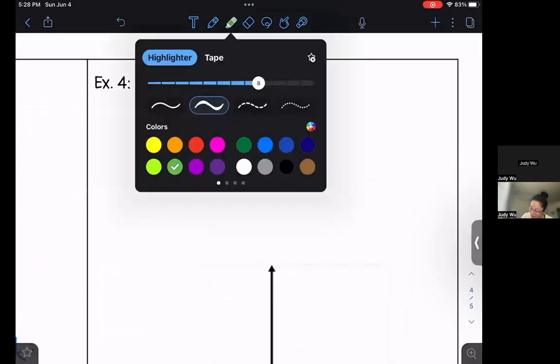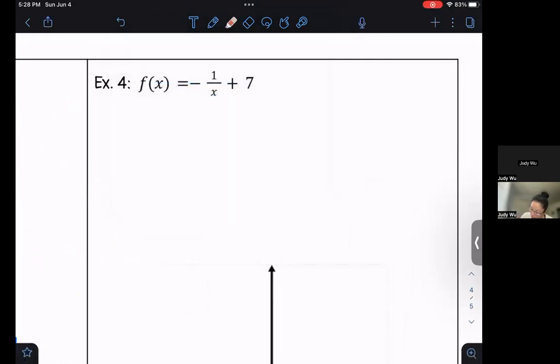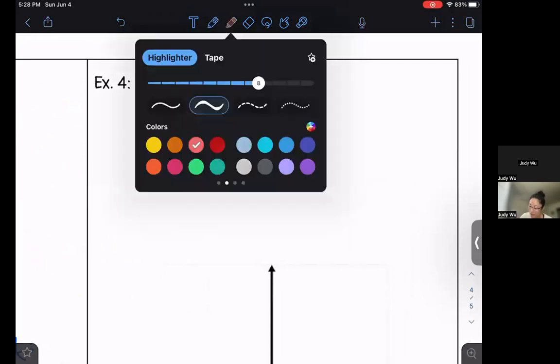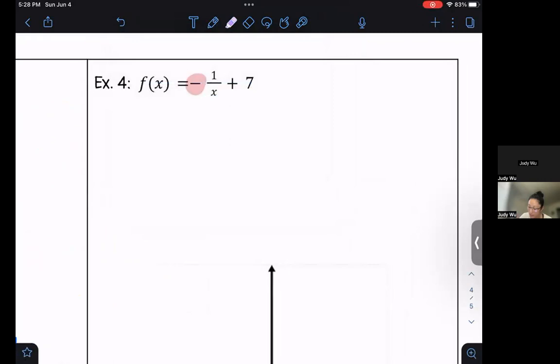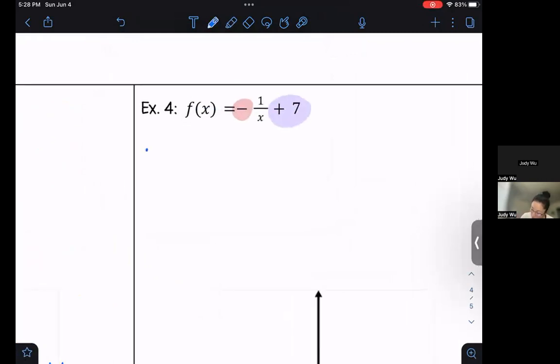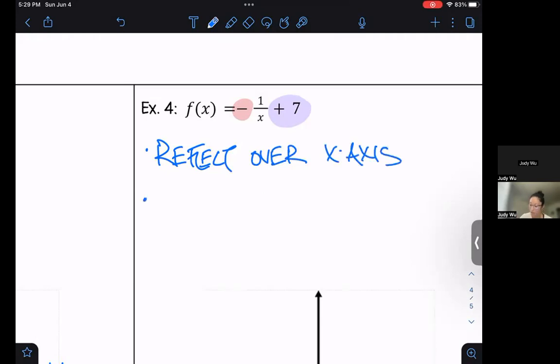I see a negative again. There's my negative a, and this time I don't see a c value, but I see a d value. So I am going to reflect over the x-axis. That is one of the transformations.